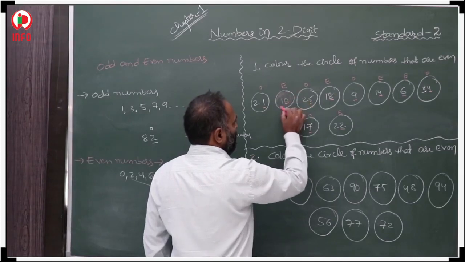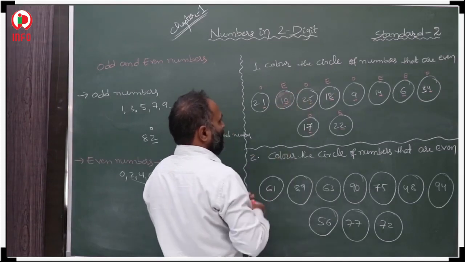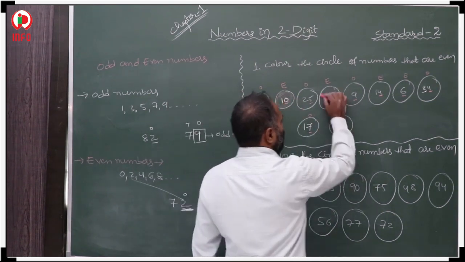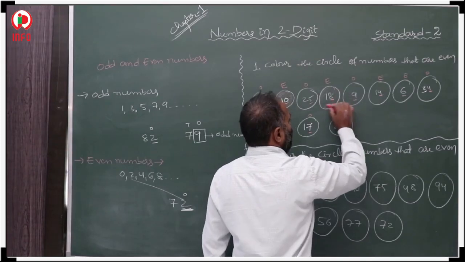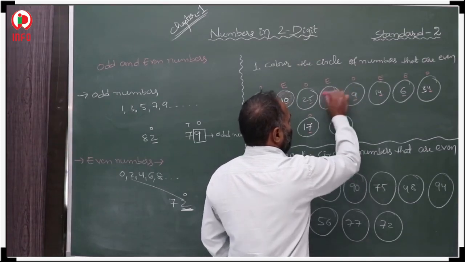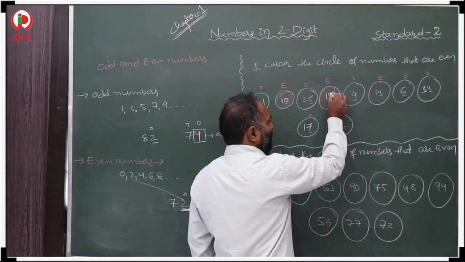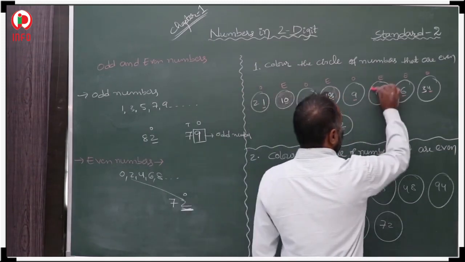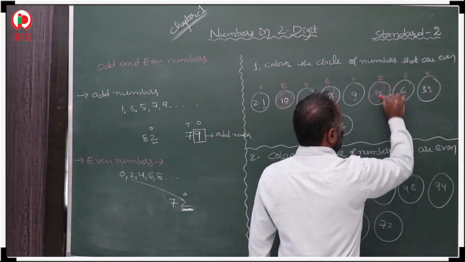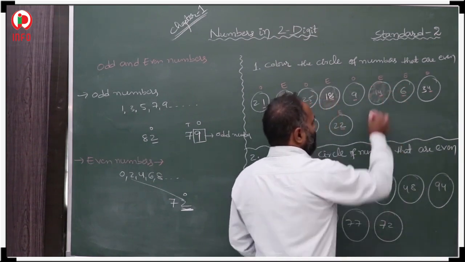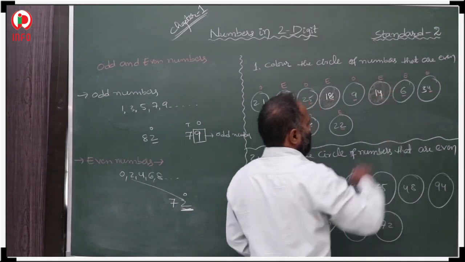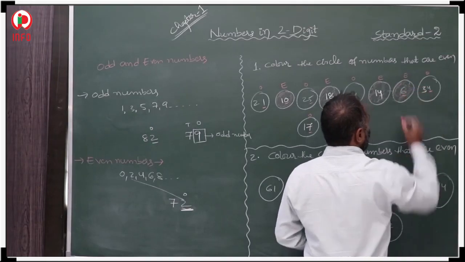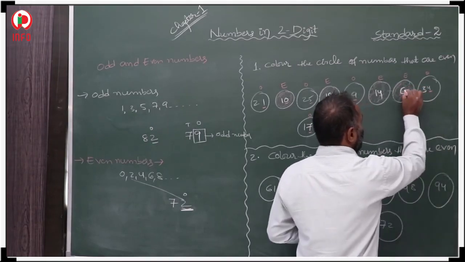Draw colors like this. This is your 10. Color, make circles like this. You make color for even numbers only. 18 is an even number, so color this circle. In the same way, color the remaining portions also. So in this way, for all even numbers, you make colors.